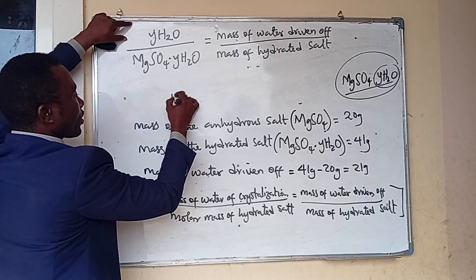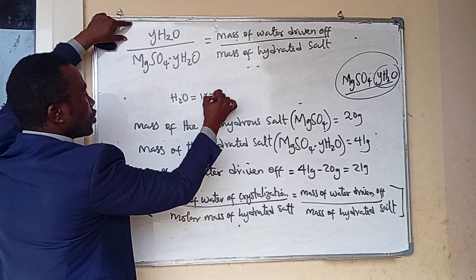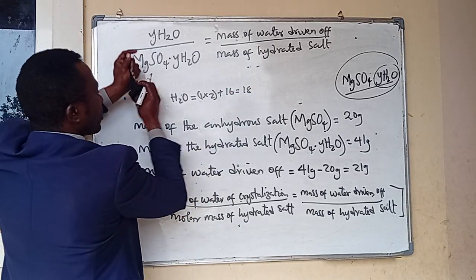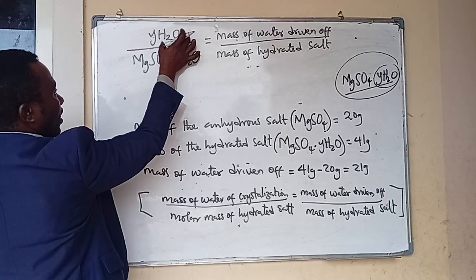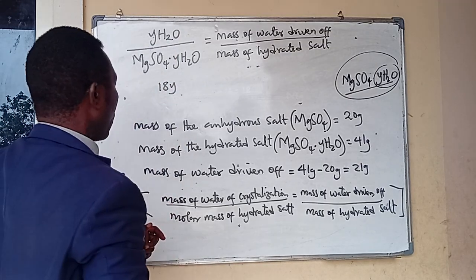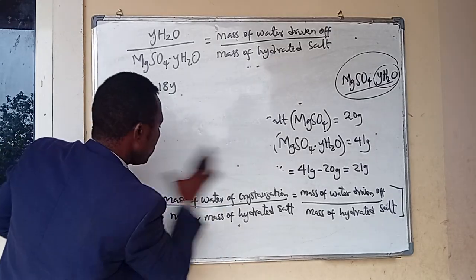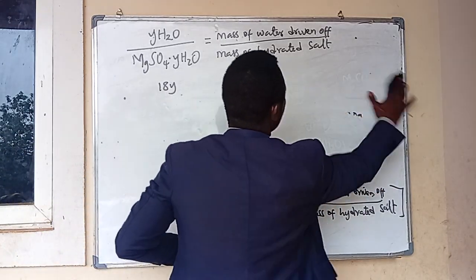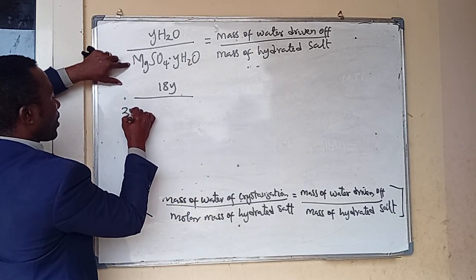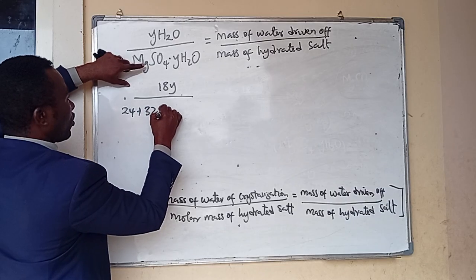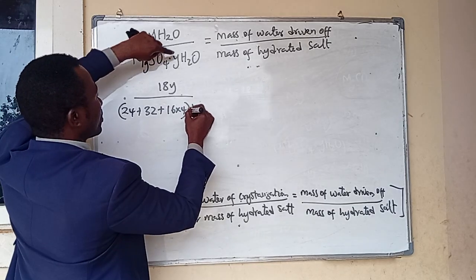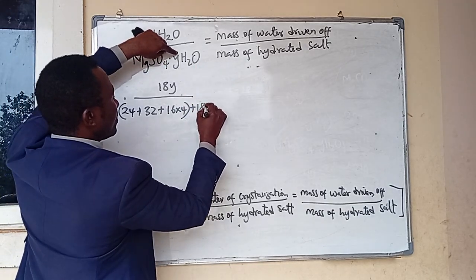So what will be the mass of water of crystallization? Remember, water is 18 grams, because H2O is 1 times 2 for hydrogen plus 16. So that gives 18. 18 multiplied by Y will give us 18Y, divided by the molar mass, which will be 24 for magnesium plus 32 for sulfur plus 16 times 4 for oxygen, then plus 18Y.